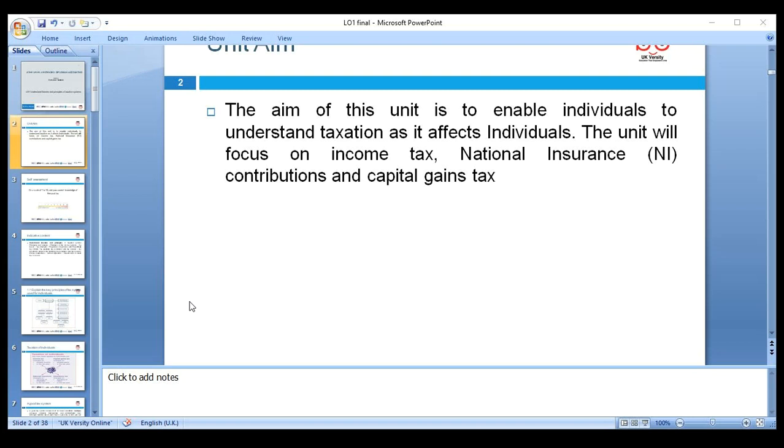Sorry, I've got a question about the assignment. Are we going to have the criteria for the assignment from the very beginning? Our normal practice is that first we deliver the 3 learning outcomes in this unit, and the 4th lesson will be an assignment discussion session.